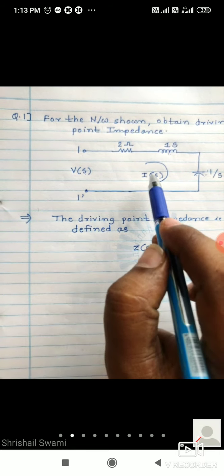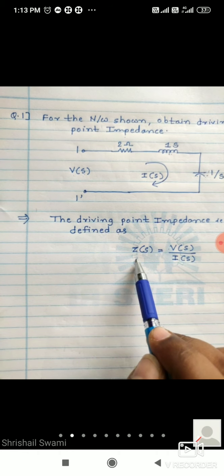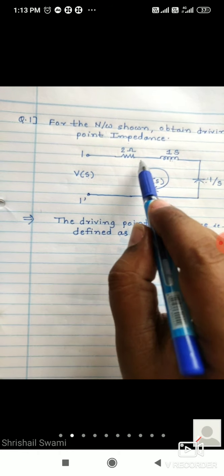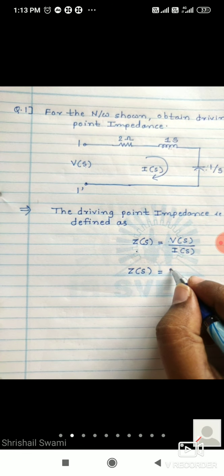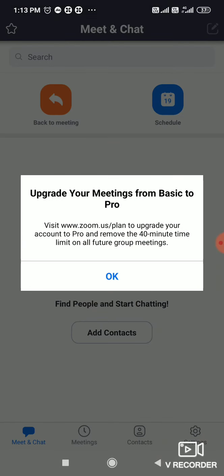So V of S divided by I of S means total driving point impedance. So as all are connected in series, you can add them. Okay, so Z of S is equal to 2 plus S.